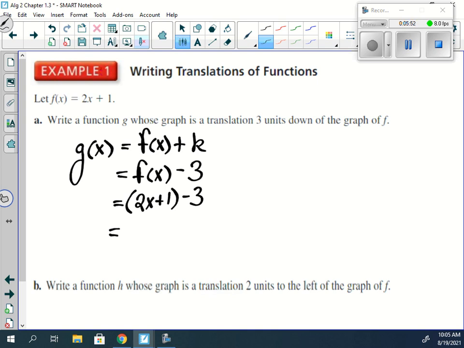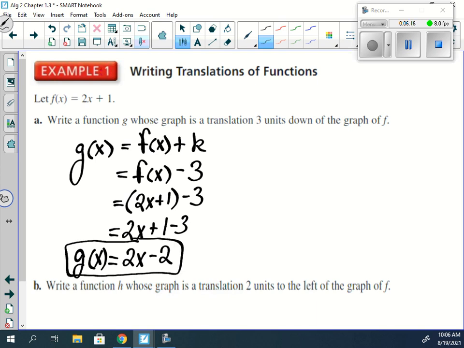We don't have to do that, so we can just drop the parentheses. And last but not least, combine like terms. So what are our like terms? 1 minus 3 is? That's it. We have now translated the function 3 units down.